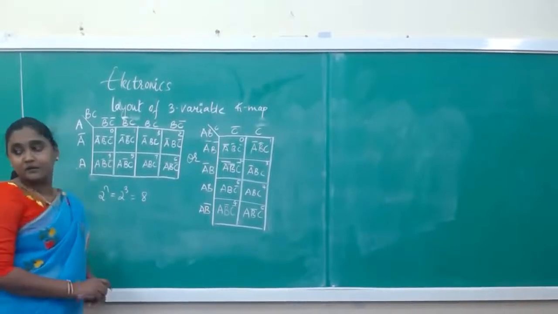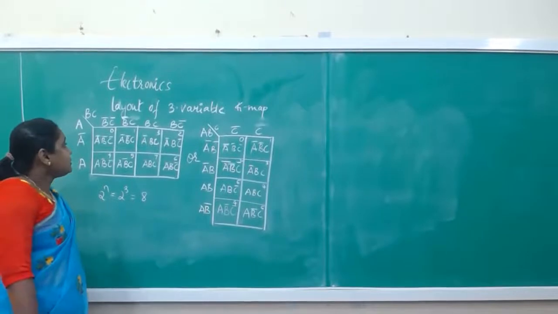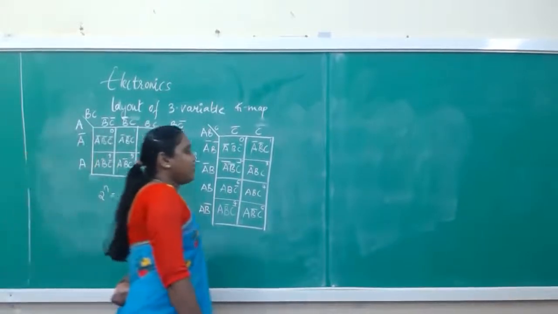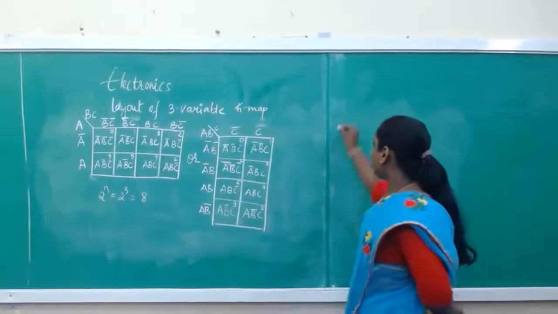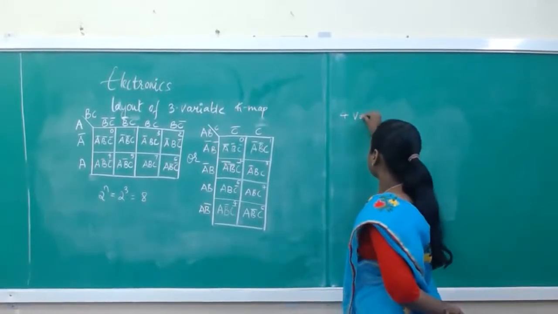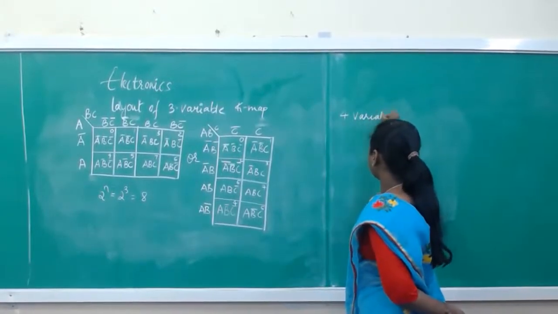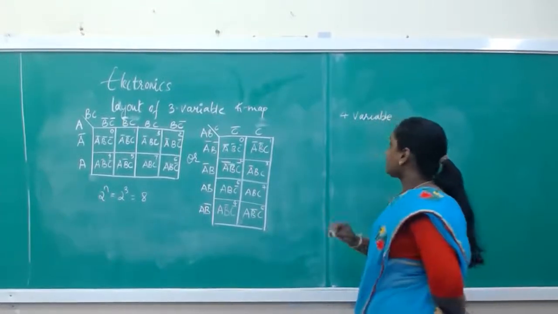Okay, this is the layout of the three variable K-map. What is most important from your exam point of view is the 4 variable K-map.